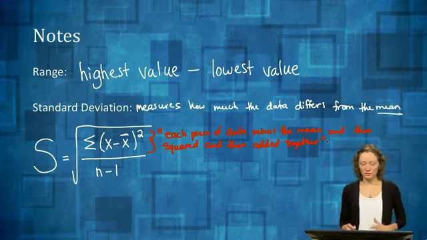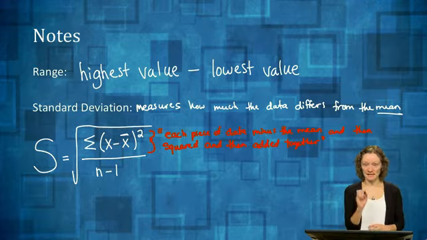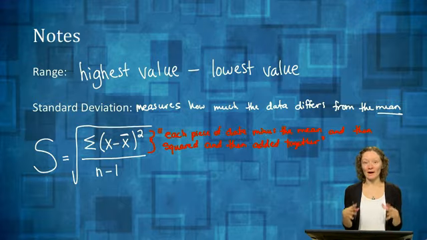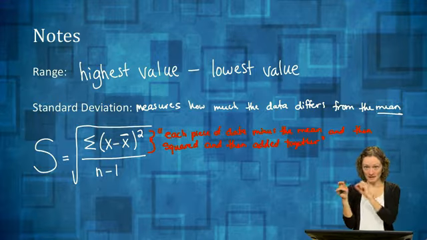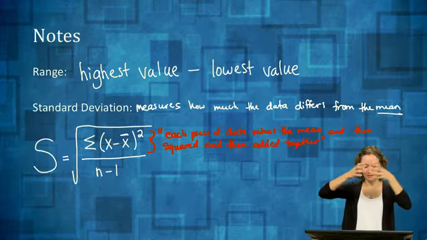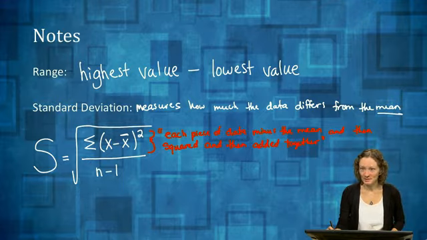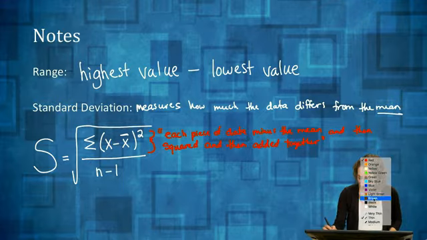So that's exactly kind of what it translates to that we're going to do. We're going to take each piece of data, subtract the mean from it, then square that number, and then we'll do that for each data piece, so we'll have a whole bunch of numbers and we'll add them all together. That's the numerator. The numerator is the most complicated piece to get in our standard deviation.